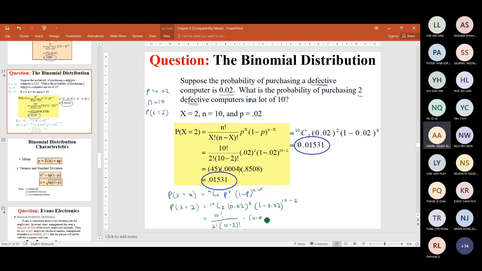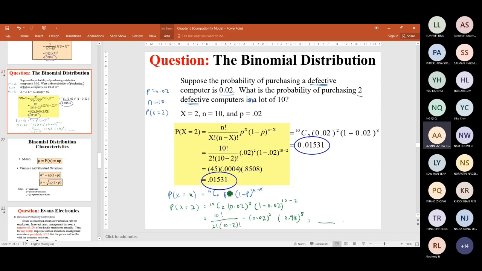Times 0.02, sorry, 0.02 squared, times 1 minus 0.02, this one is 0.98, right? Is it correct? 0.98. Okay, so use calculator straight away, you get the answer.